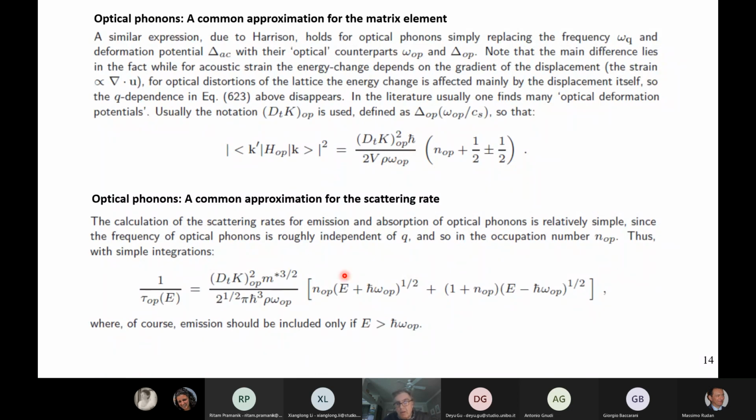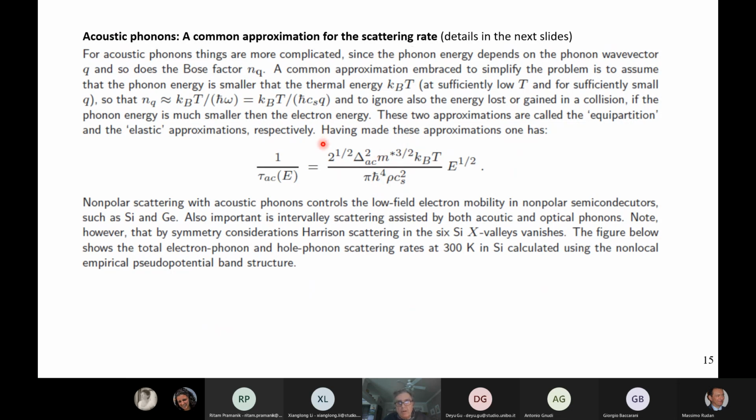So this was simple. We'll see how simple it is in a moment. For acoustic phonons, we have to do a little bit more work. And the end result will be something that depends again on the density of states.